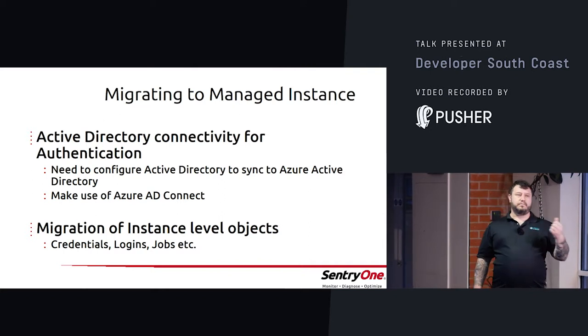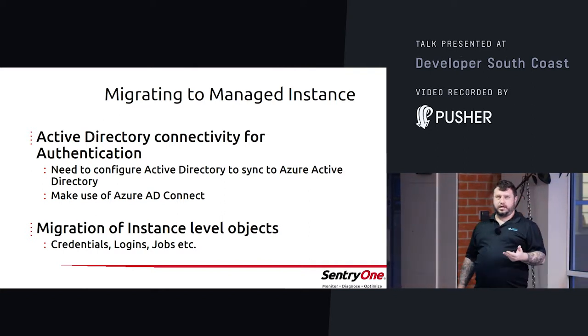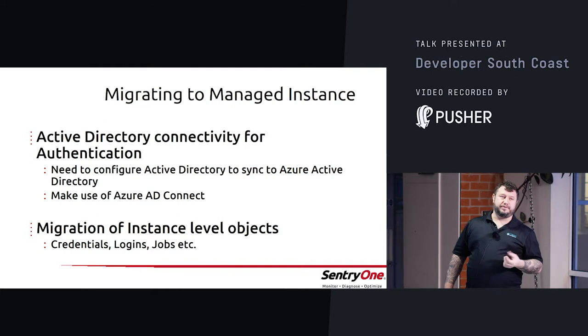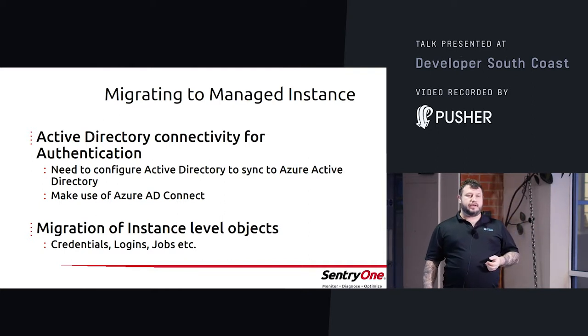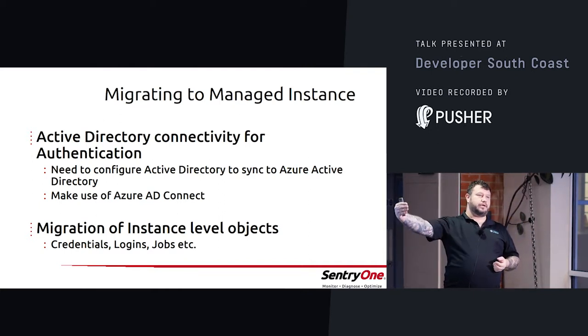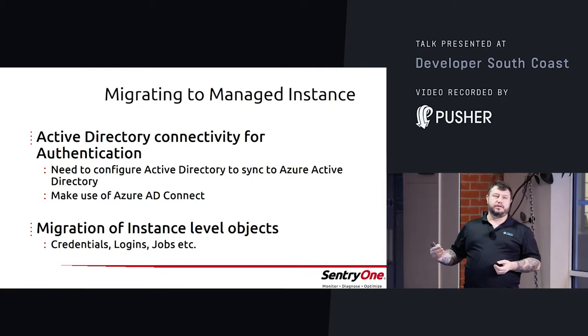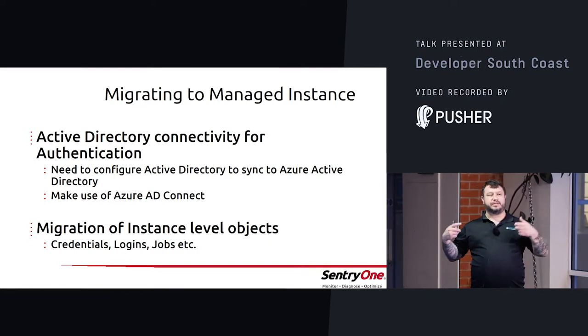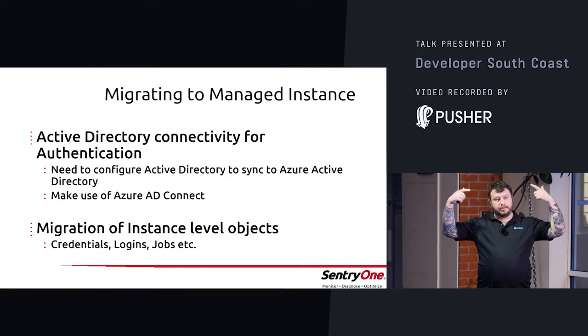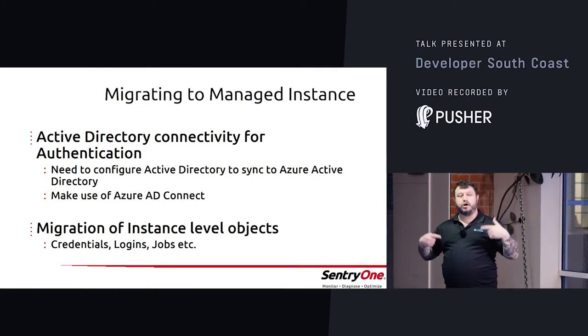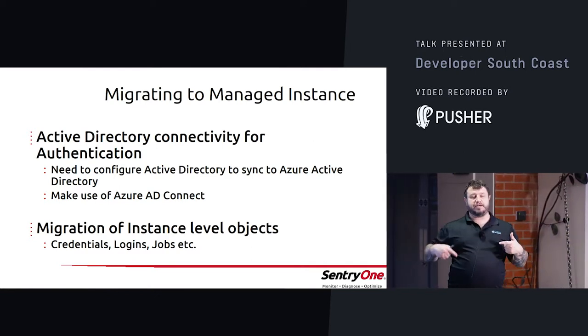So if you've ever run mirroring, log shipping, availability groups, things like that with SQL logins, it's not a simple case of creating a login on the other side of the same username and password, because the security identifiers that link the login at the server level to the user in the database will not match, which means the authentication will fail.